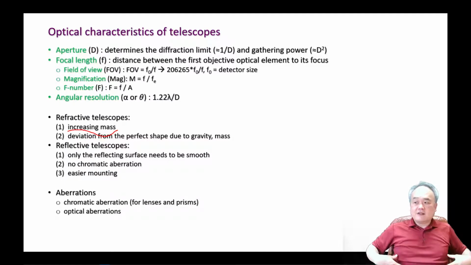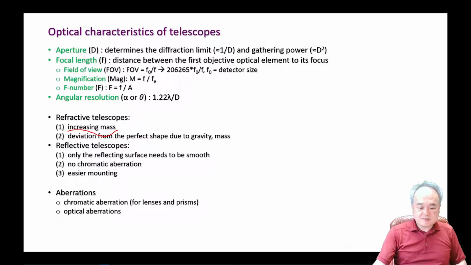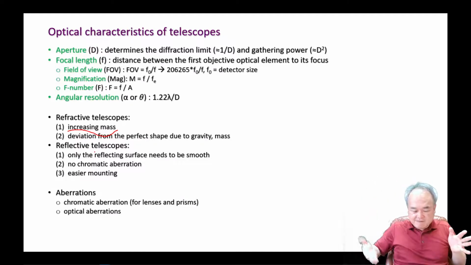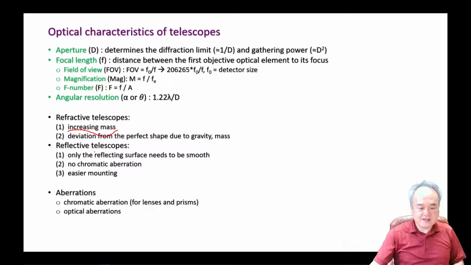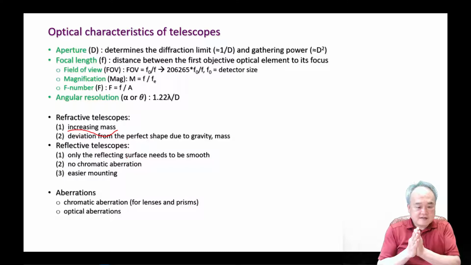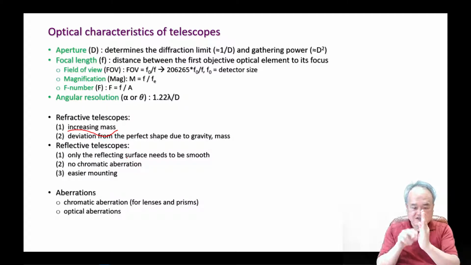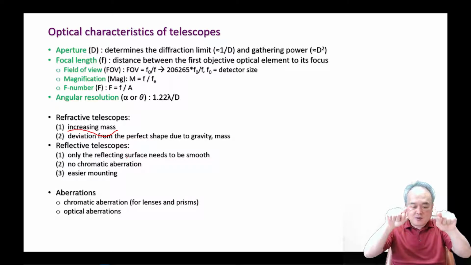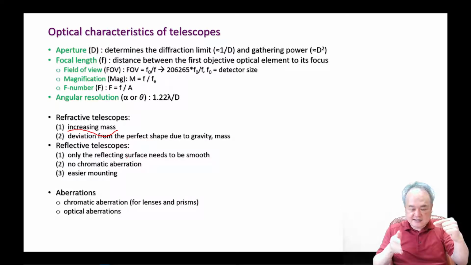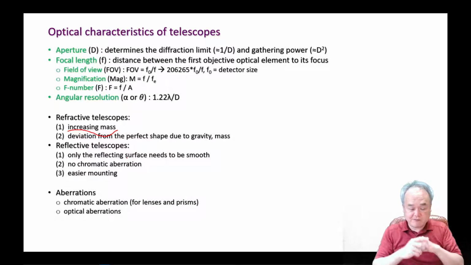So the practical limit of a good quality refractive telescope was about 1 or 2 meters in size. Really large telescopes greater than 2 meters in size use a reflective mirror as the primary objective element. To make a perfect image with a lens, the material inside the lens needs to be uniform, and both the entering and exiting surfaces need to be perfect.